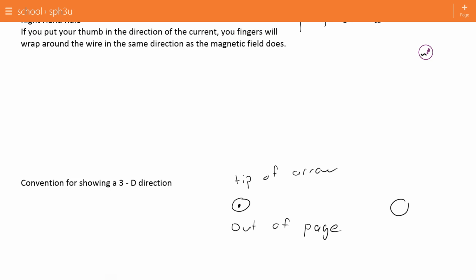And if you're going into the page, then you can see the back side of the arrow, and those little feathers, or whatever you call them, on the back side of the arrow are called the fletching. So you see the fletching of the arrow. But essentially that's the symbol for into the page.